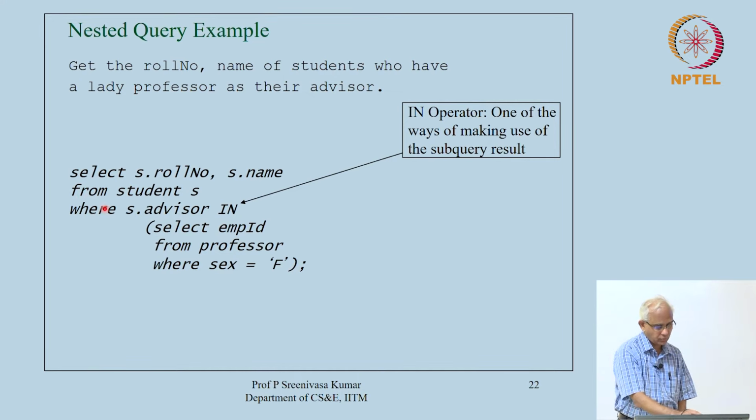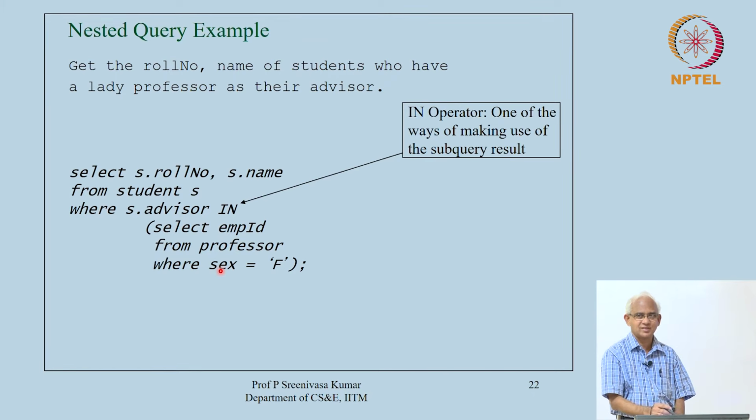Now, in the outer query we are saying get the roll number, name from student S where S dot advisor in this set. Those of you who are a little keen-eyed will observe that there is a subtle type mismatch here.